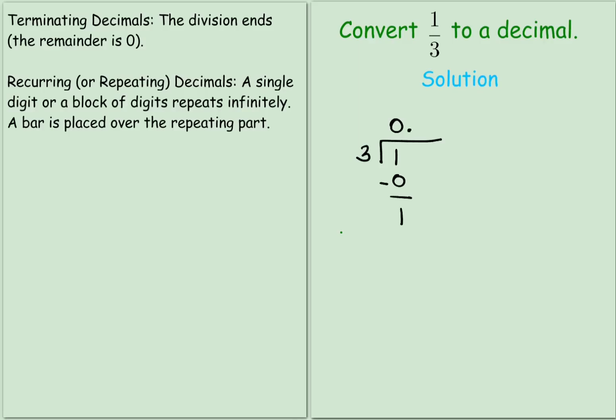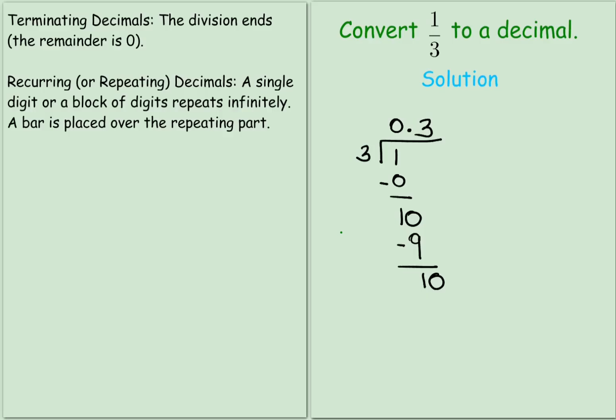Hence we introduce our decimal point, which allows us to put a 0 here. 3 then divides your 10 3 times. And 3 times 3 gives us a 9. If we subtract 9 from 10, we have a remainder of 1.